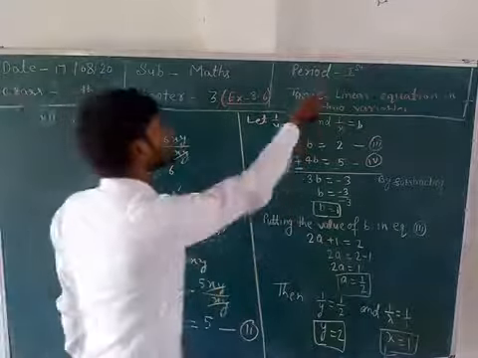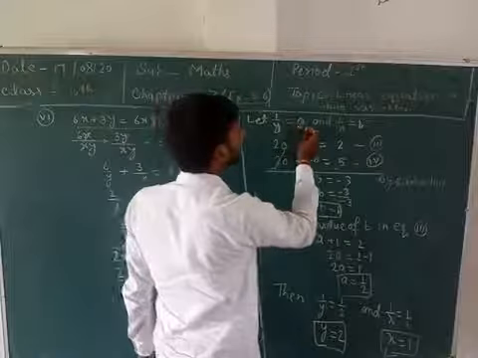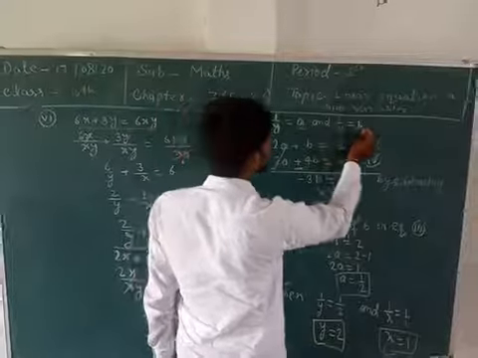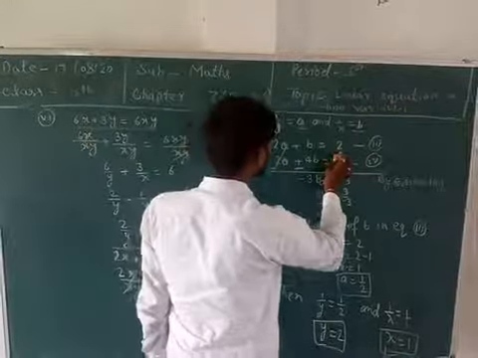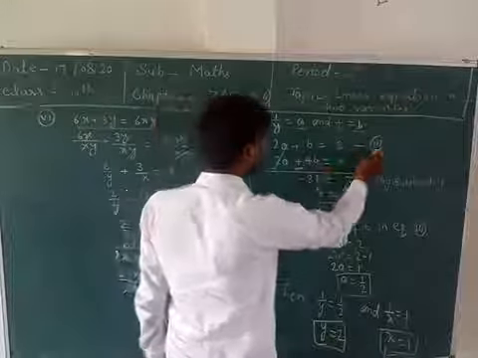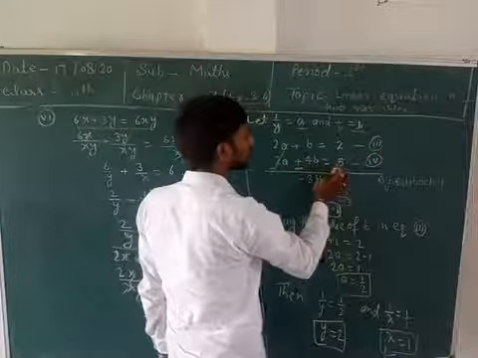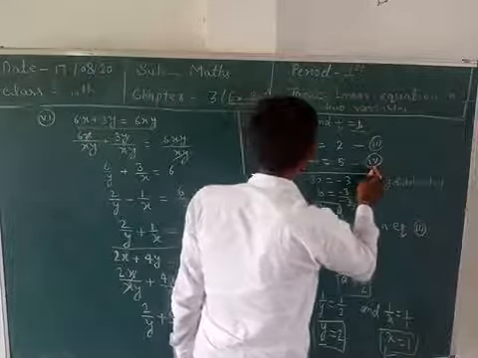Now we let 1 upon y equal to a and 1 upon x equal to b. Then we have 2a plus b equal to 2. This is equation number 3, and 2a plus 4b equal to 5. This is equation number 4.